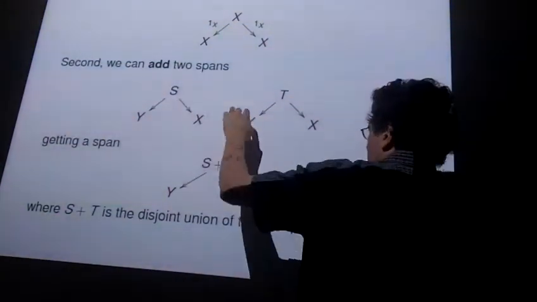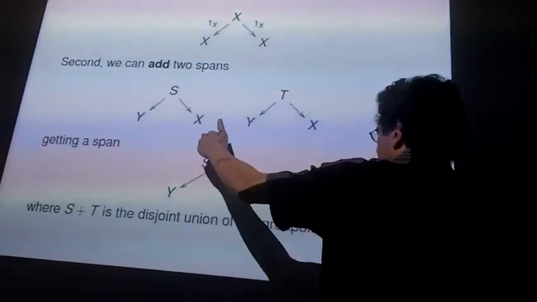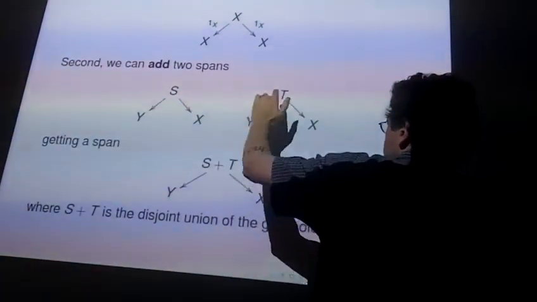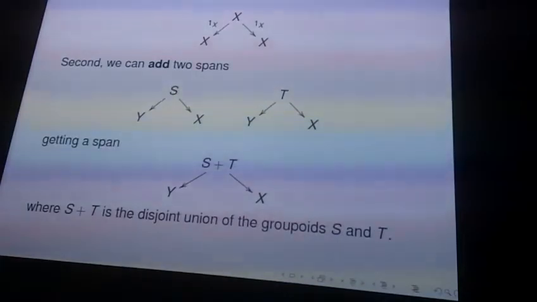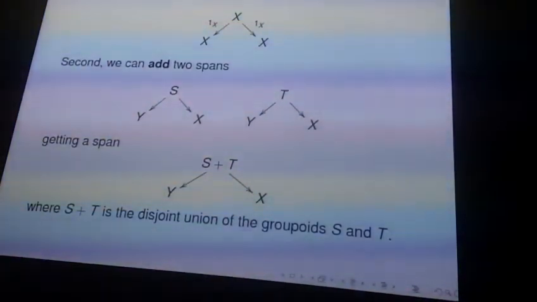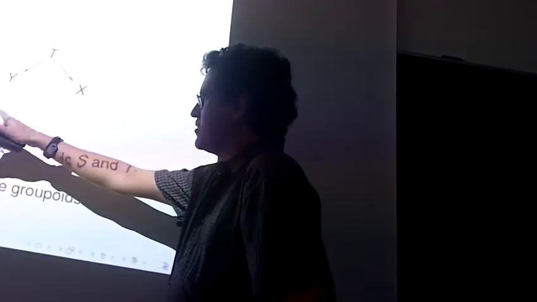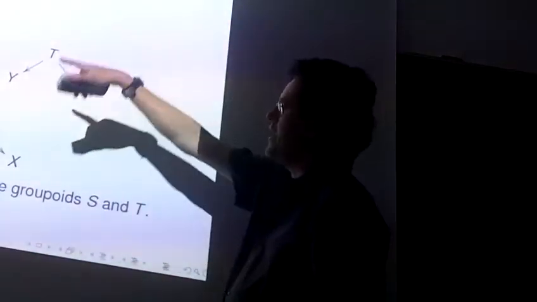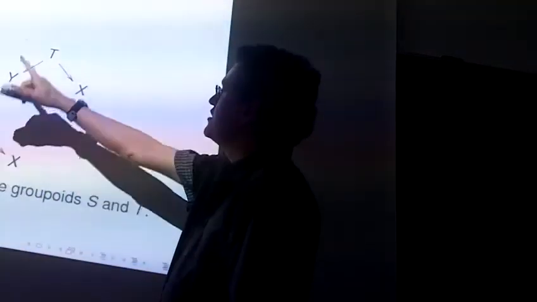And there's an obvious map from that to here and here using these two spans. So we have a kind of basic linear algebra of spans of groupoids. The idea here is I'm trying to use spans of groupoids as a substitute for operators between vector spaces. I'm only telling you a little bit about this so far, but you can add them, like you can add linear operators. There's also an identity.